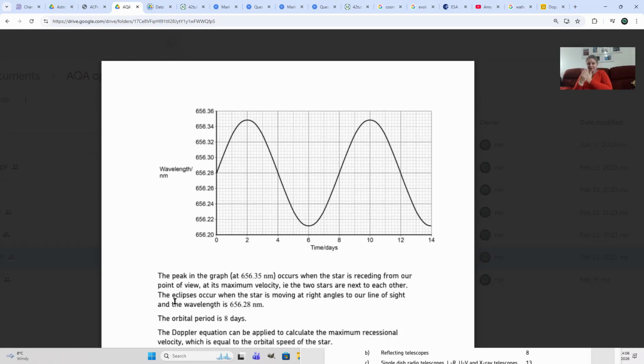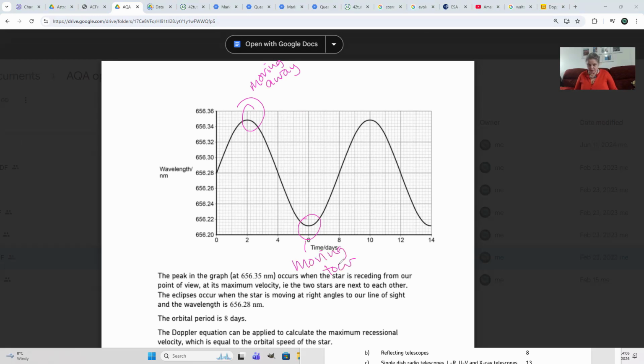And as the star goes away from us, the wavelength is increased. So here, the wavelength is big, so it's moving away. And here, the wavelength is small, so it's moving towards us.